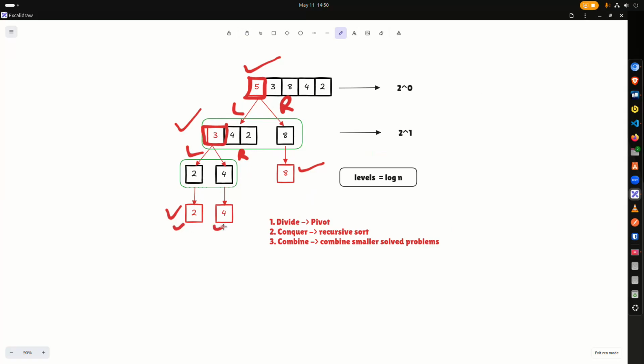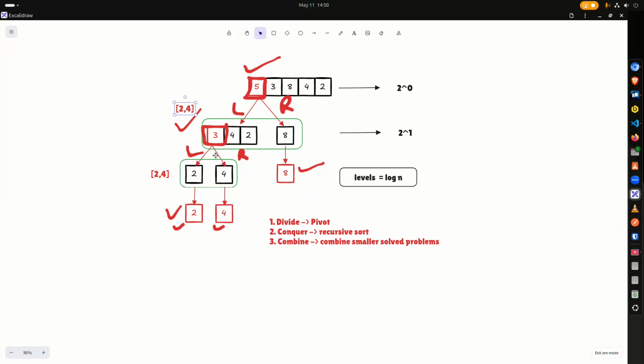Those are really small problems. So let's say at this point we got 2 elements which are already sorted, 2 and 4. We take this 2 and 4 and return, let's say in here. So we have the left element 2 and 4, but we still need a right element.